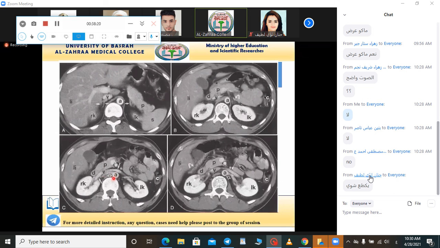Letter A refers to the aorta, here the aorta. V refers to the renal vein.